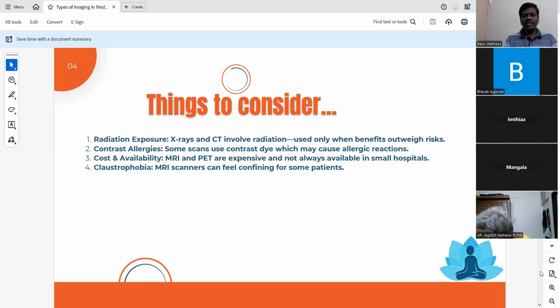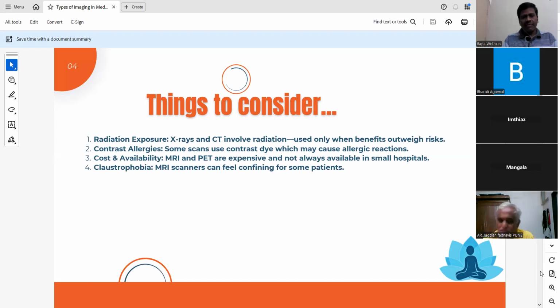So X-rays and CT involve radiation, and only when you feel that the benefit is more than the risks involved, or that it is unavoidable, then only you advise X-rays or CT scans.